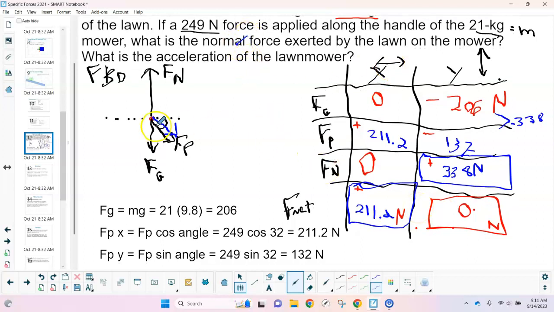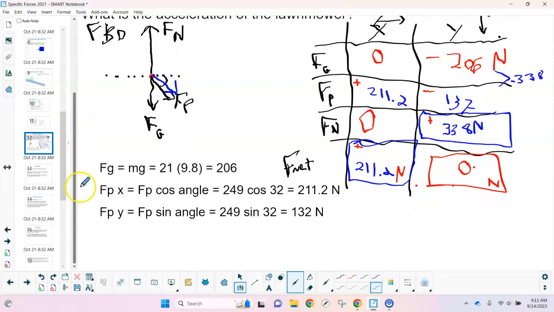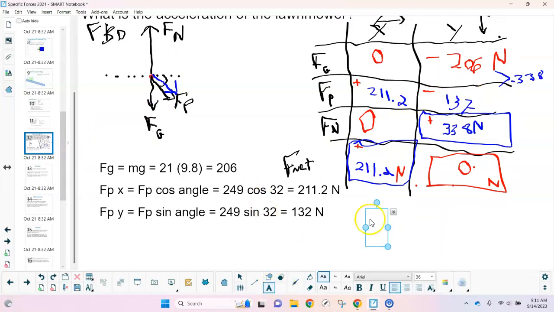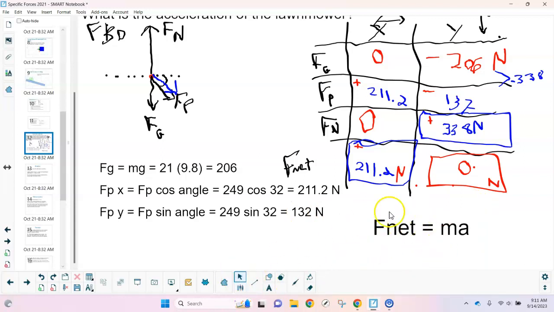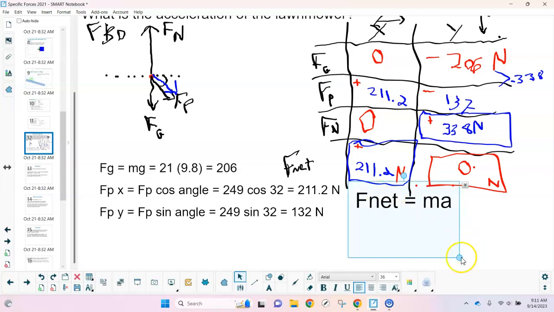The last thing is the acceleration. So this is using Newton's second law. So I'll again type this out to make it a little bit easier. So with Newton's second law, it says F net equals ma. So let me shrink this a little bit too. So we're going to plug into that equation. Our net force is 211.2. We already know our mass because that was 21.